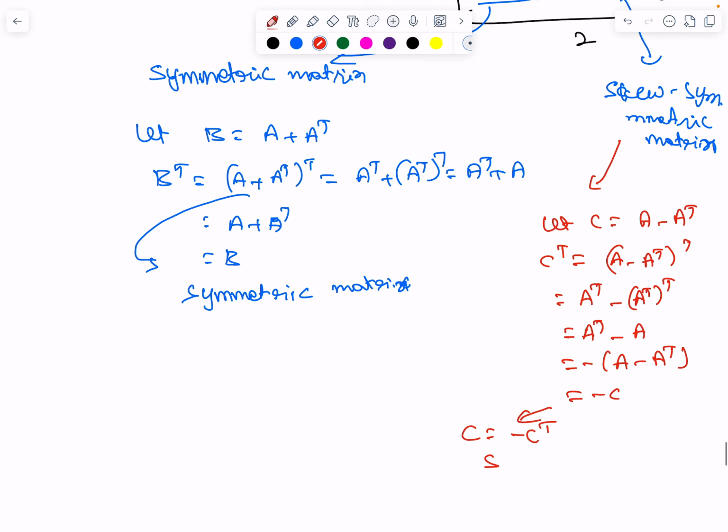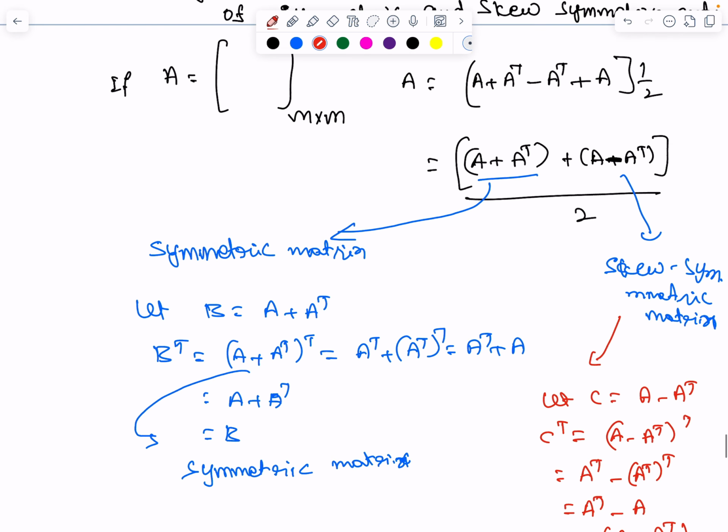This is the skew-symmetric part. Therefore, any square matrix, you can write it as a sum of the symmetric and skew-symmetric parts.